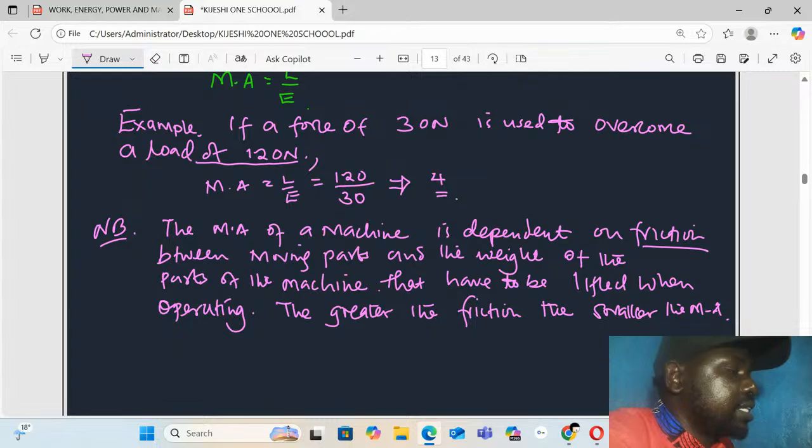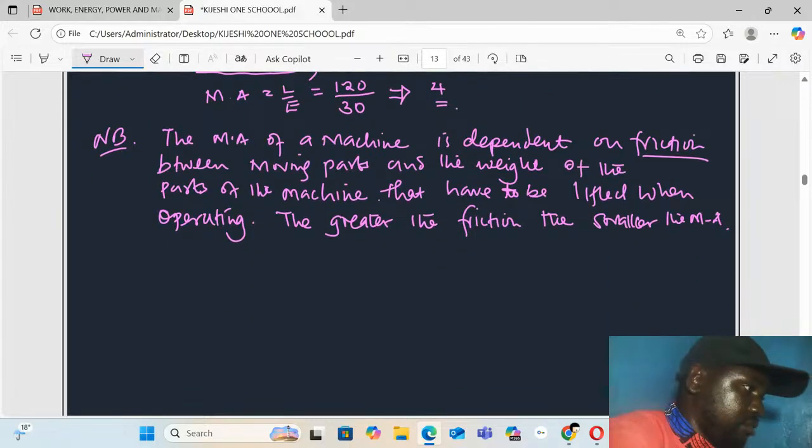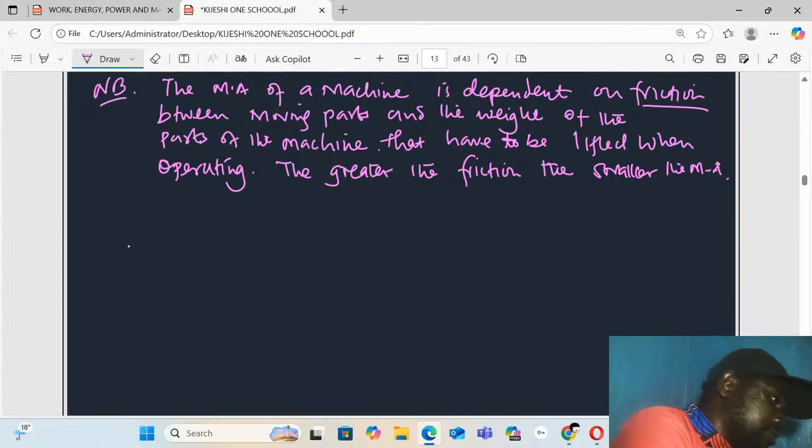This is just the introduction part. We have to deal with the terms and the definitions before we get into the serious working. So now we have velocity ratio as the fourth one.